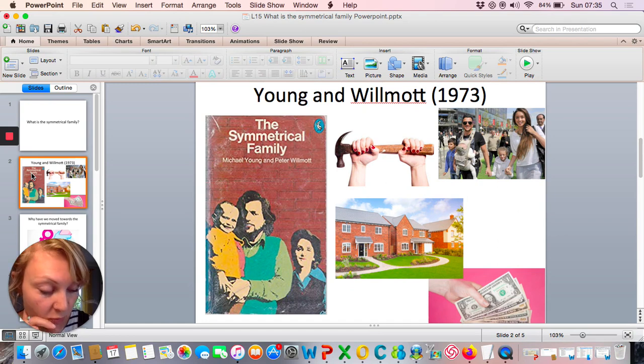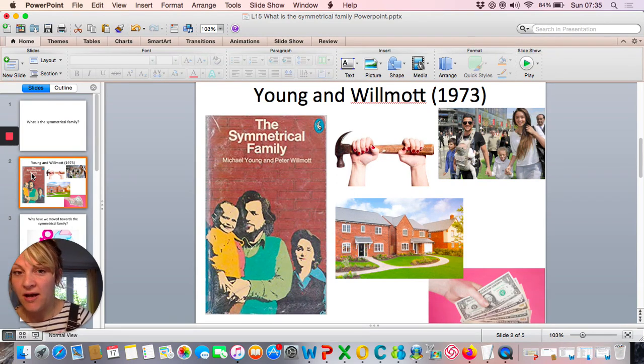And we've also looked at joint conjugal roles, which is a term linked to greater sharing of roles within the family. So I suppose the symmetrical family links in quite nicely with that definition and the discussions we had in our last lesson together.